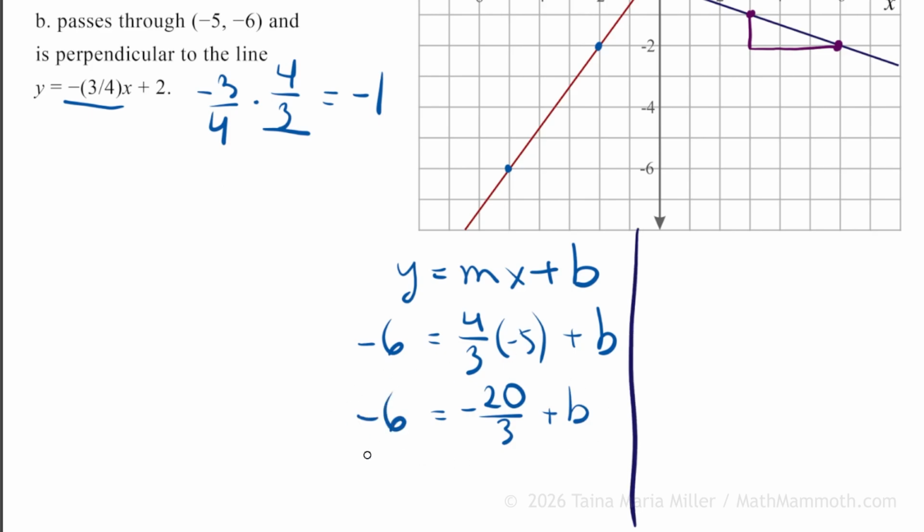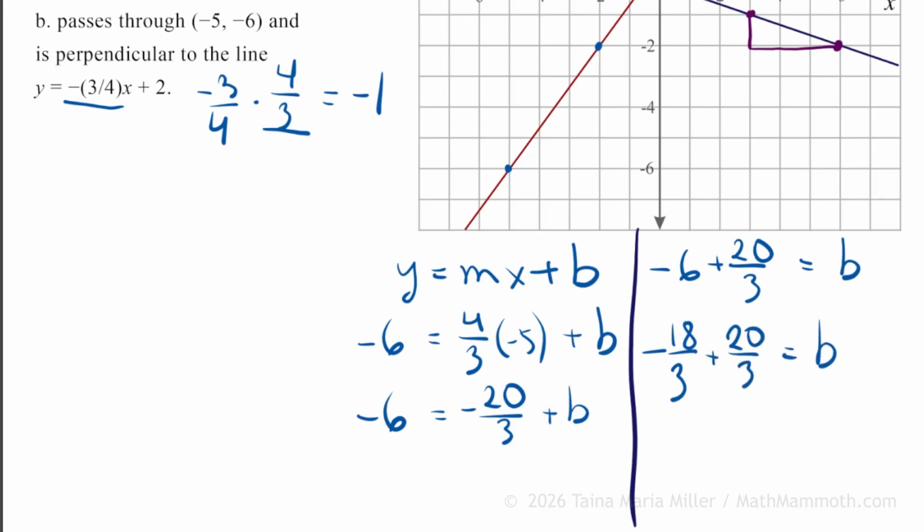Here in this equation, we will then add -20/3. Some fraction math now. Okay, we will use the same denominator, 3. So I write this as -18/3. And now we can add -18 plus 20. That's just 2. So 2/3.